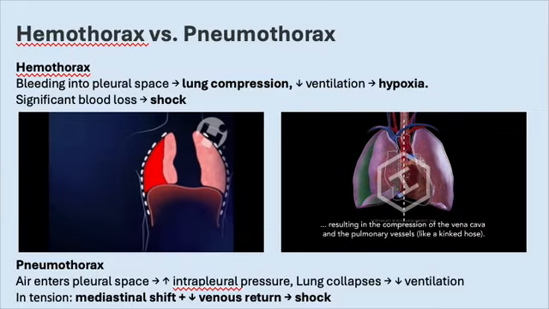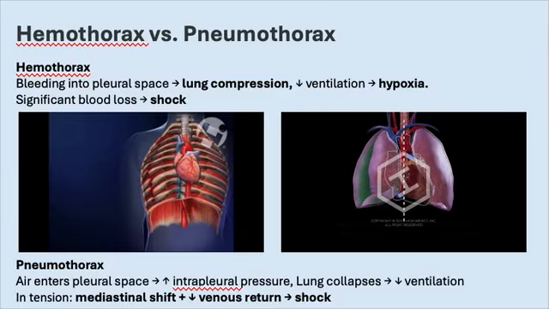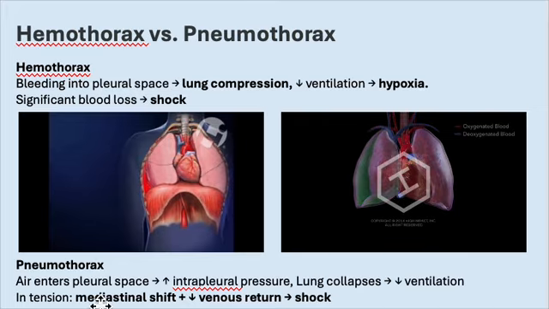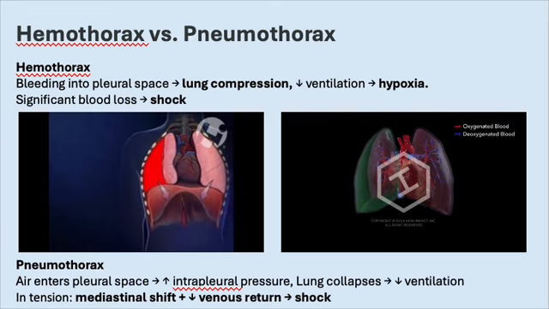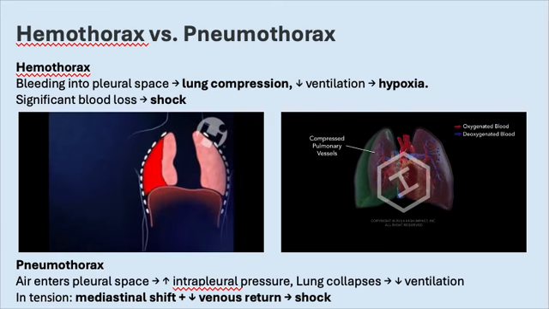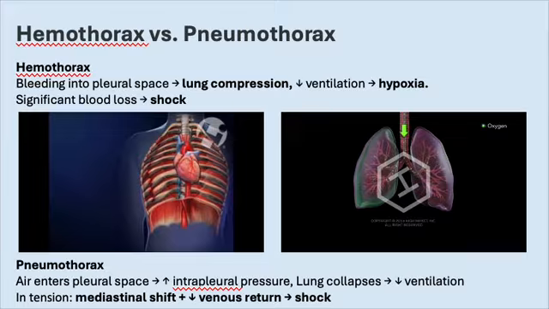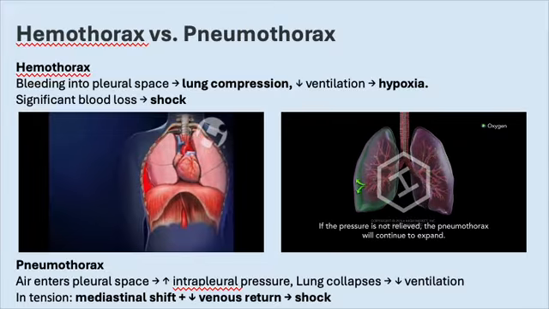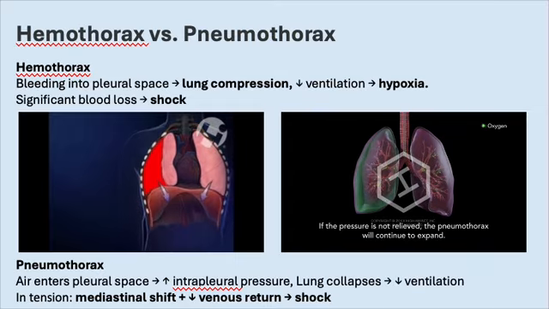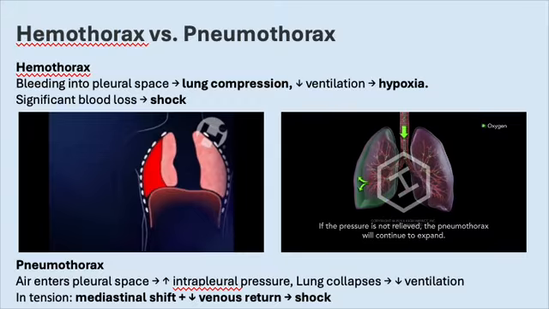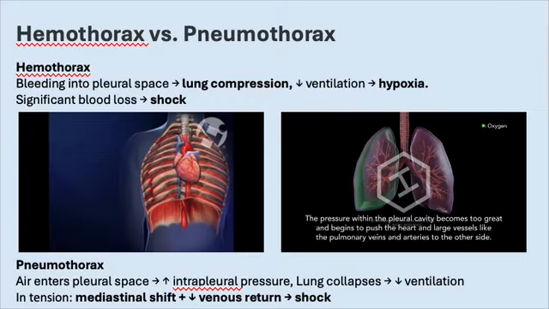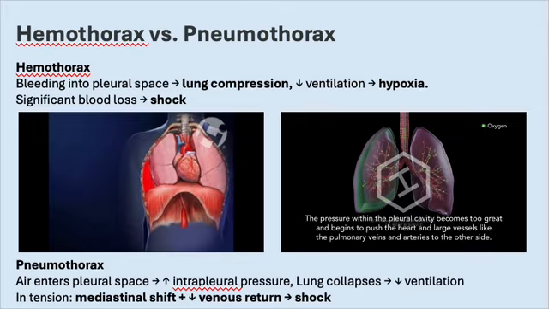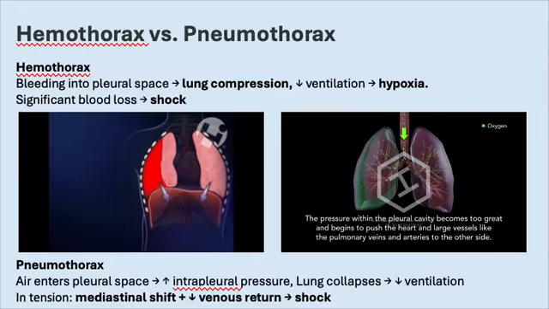As air fills the space between the lungs and the thoracic cavity, so air enters the pleural space, this increases the pressure within that pleural space. So intrapleural pressure rises. And because the pressure outside of the lung is now higher than the pressure inside, there's an external pressure there, the lung simply collapses.